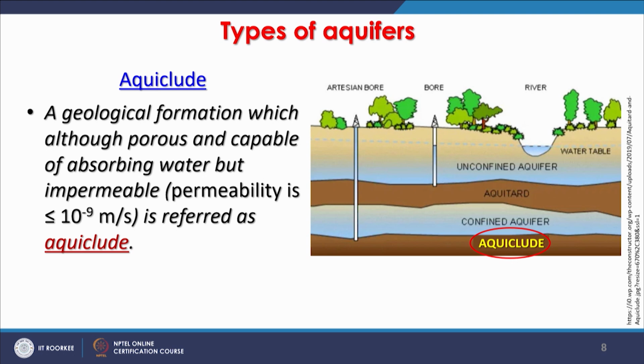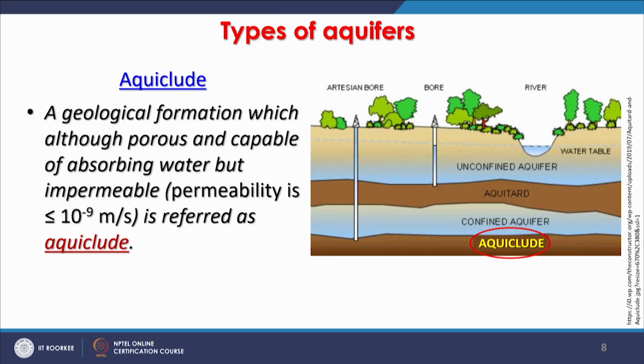Good porosity, but very poor or no permeability whatsoever, because permeability will only happen if the pores are connected. If pores are not connected, or the rocks are not fractured, or there are no joint planes or other such features, then this kind of situation will come, and the rocks may be saturated with water, but no movement of water is possible.